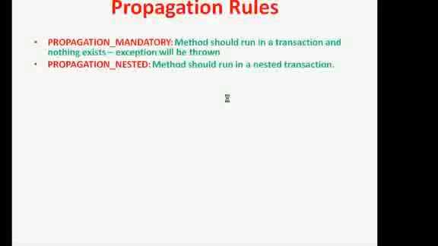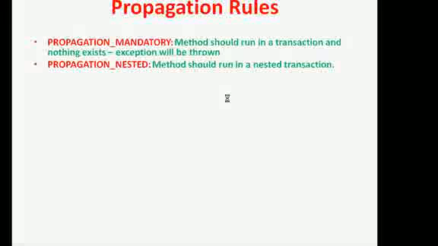Then propagation nested. A method should run in a nested transaction. That means there is already a tree of transactions that would have started, and this particular method should run in that kind of environment.